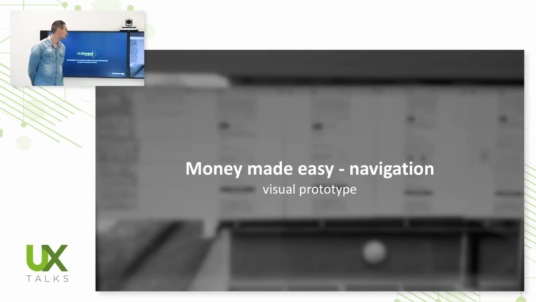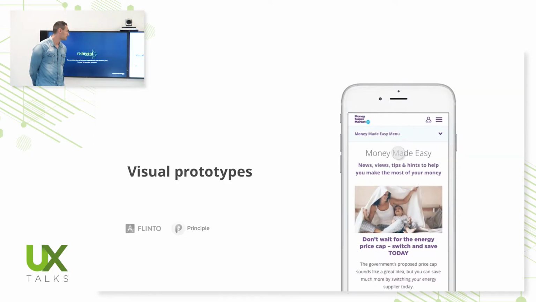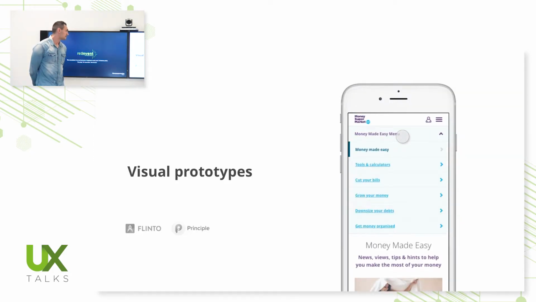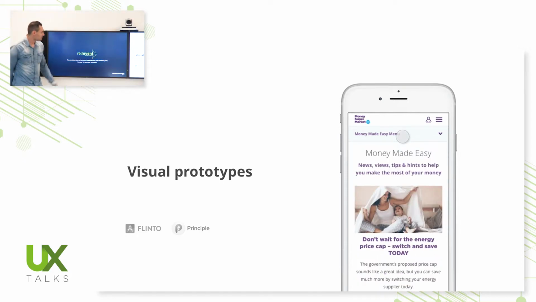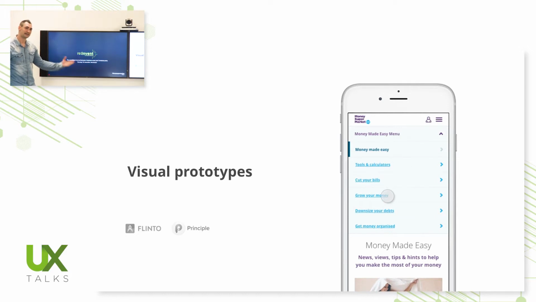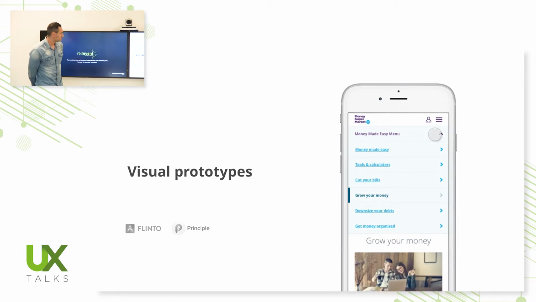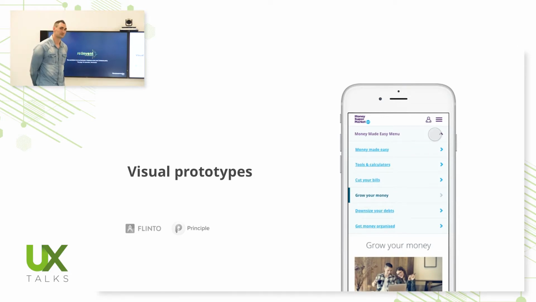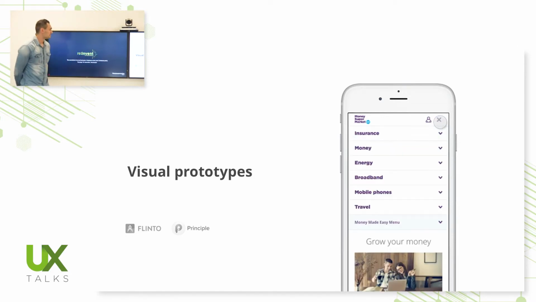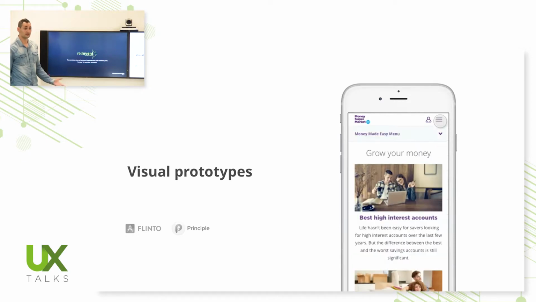This example is the Money Made Easy navigation, which is called a visual prototype. You can see that the colors are there, the styles are exactly how it's going to look in the end product, and look at the opening interaction created there. It's basically how it's going to work.